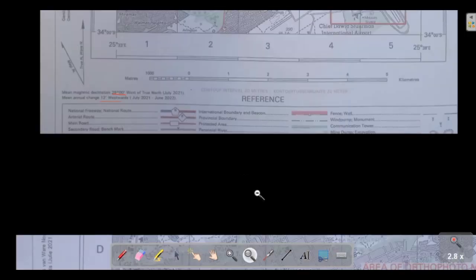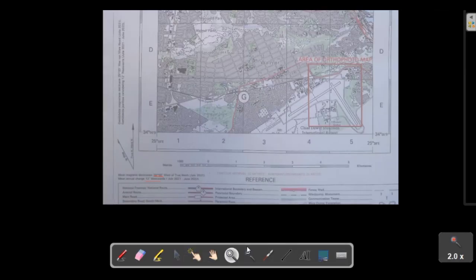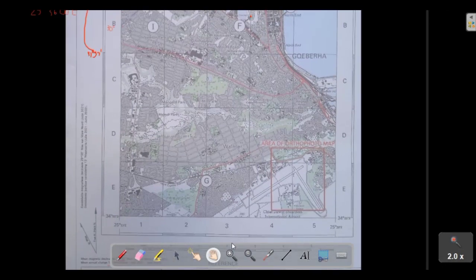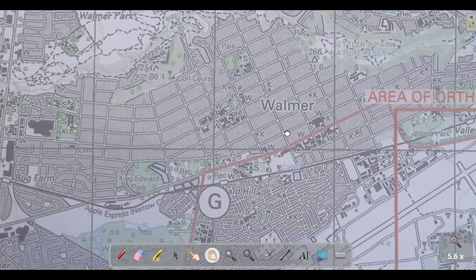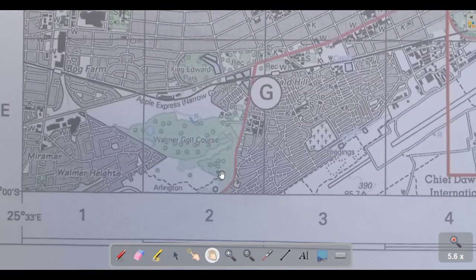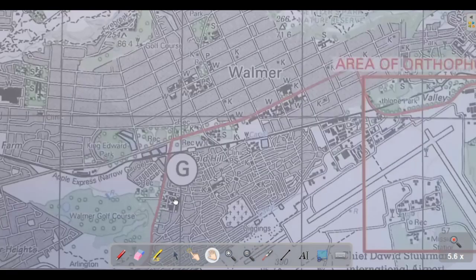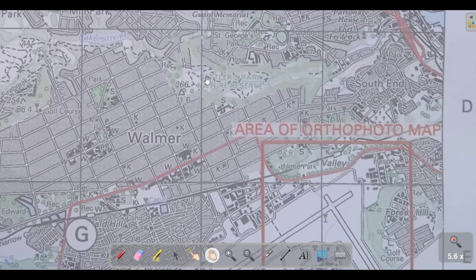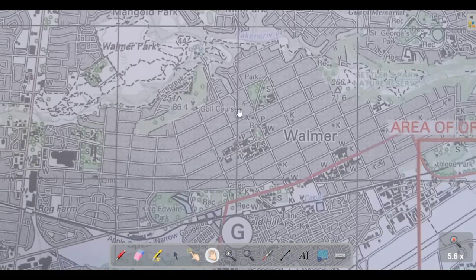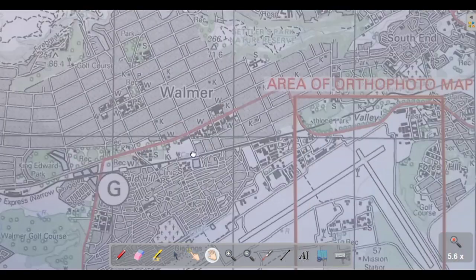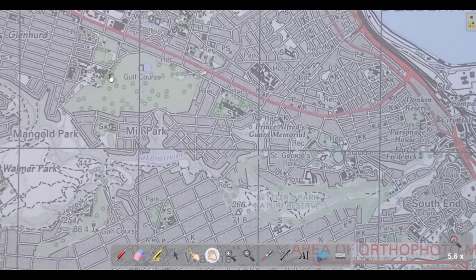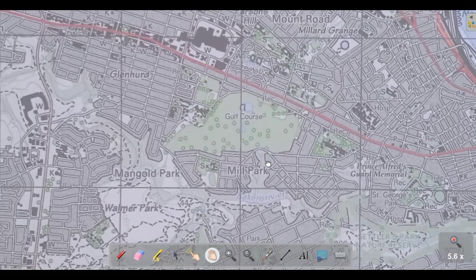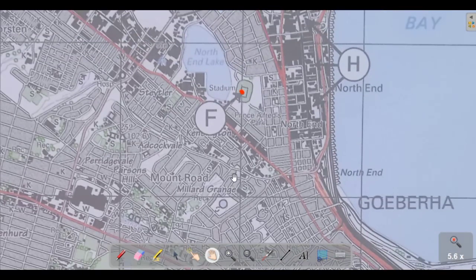We should have a number of green belts here. Of course with green belts, you do not see any buildings. For example, the Walmer Golf Course, that's a green belt. The Settlers Park Nature Reserve, that's a green belt. What else, guys? The golf course, it's just a golf course like that, that's a green belt as well.